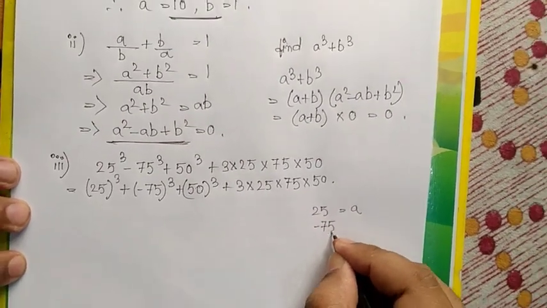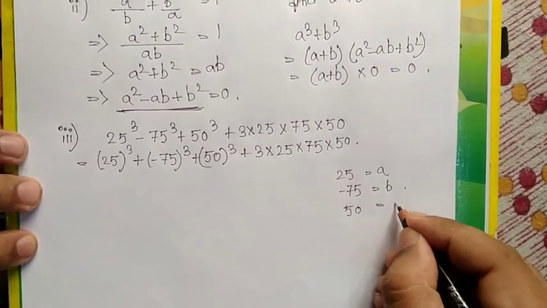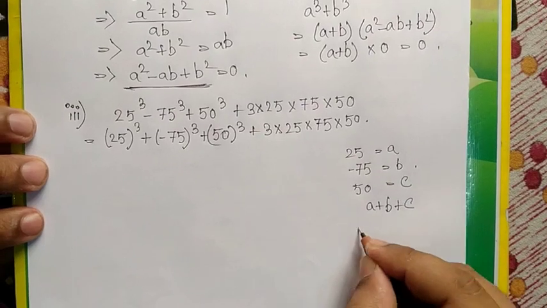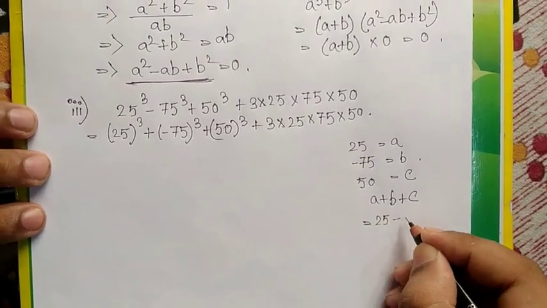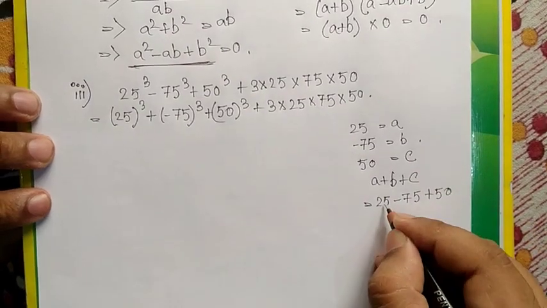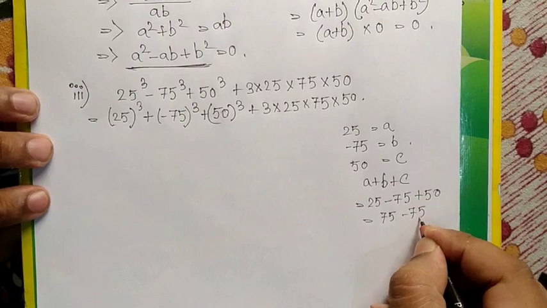−75 equal b and 50 equal c. Therefore a + b + c = 25 − 75 + 50. So 50 plus 25 is 75, and 75 minus 75 equals 0.